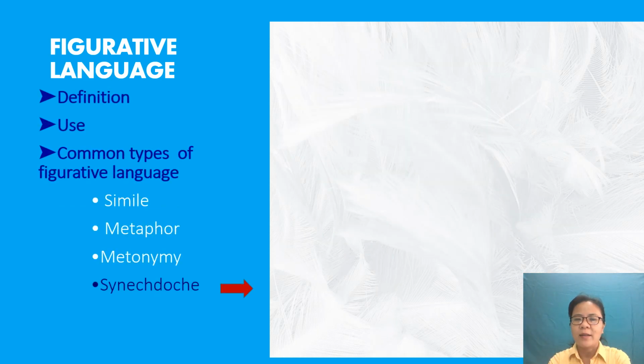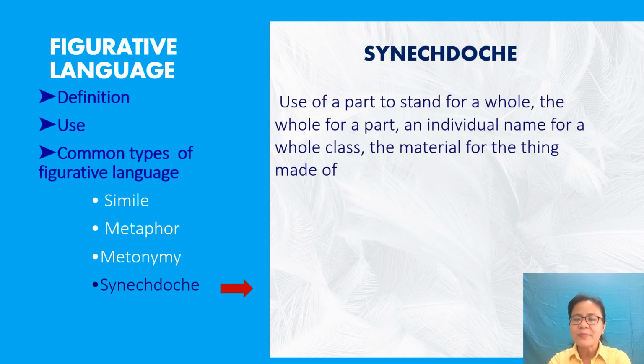And a synecdoche is somehow similar to a metonymy, but the synecdoche is more specific because we have to use a part to stand for a whole, an individual name for the whole class, and even the material is used to mention the thing that the object is made of.